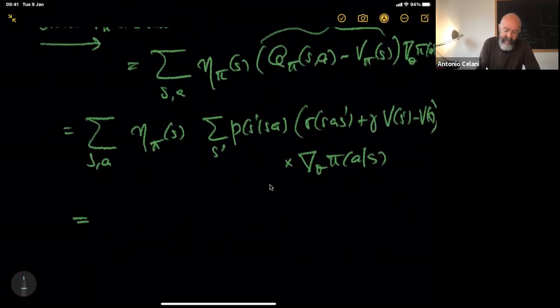And now once I am in this situation, I can rewrite this object in this form, which is the expectation of what? I do the trick of rewriting this in terms of the logarithm.